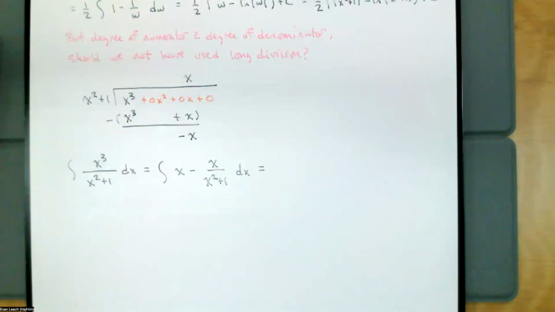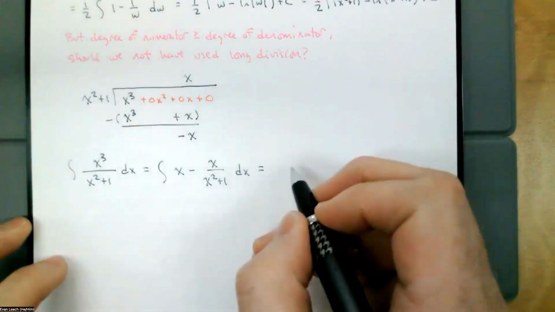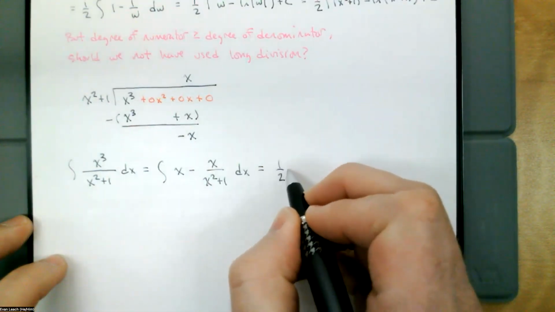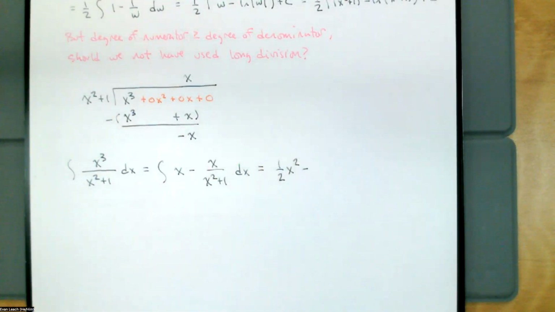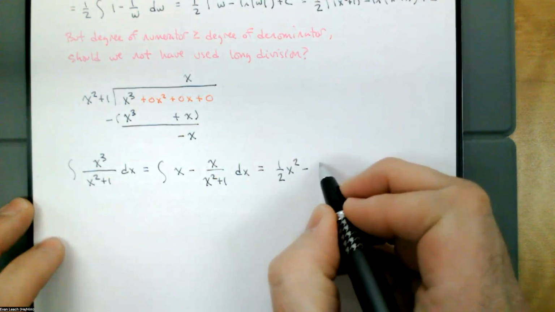And now we can just integrate a term at a time. The integral of x is a 1/2 x squared. And the integral of x over x squared plus 1 is our first example of the day. So that's going to be a 1/2 natural log.